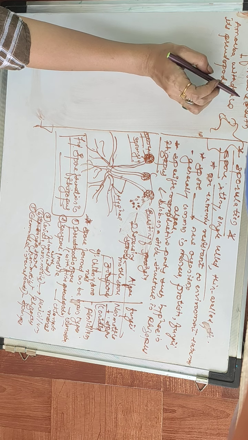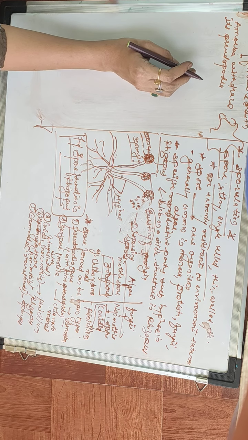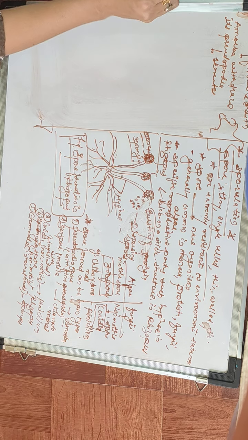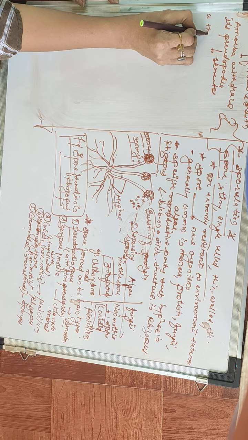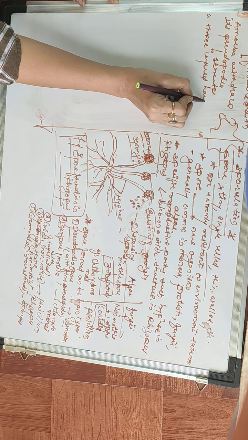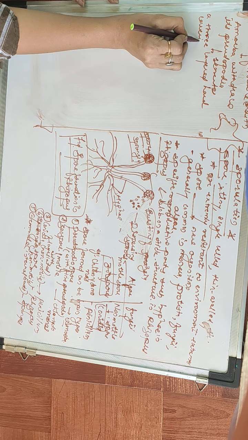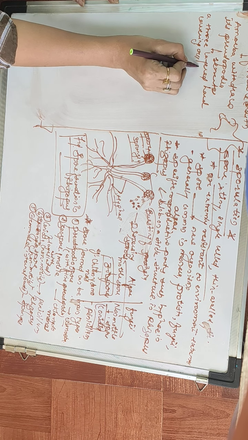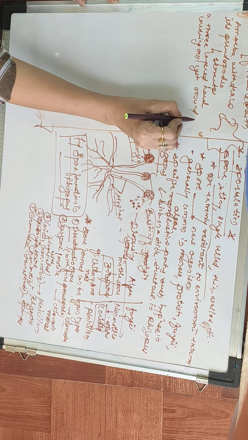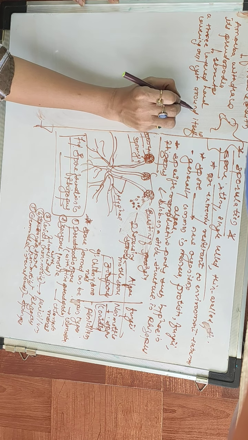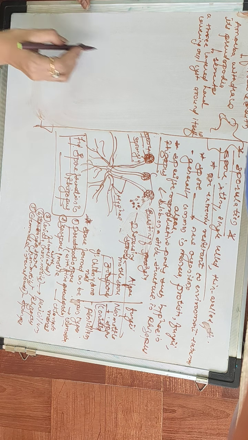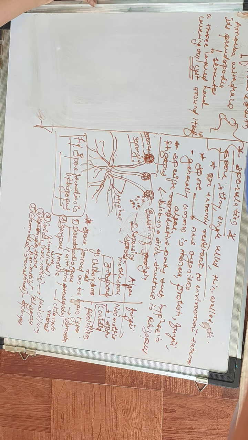So under the unfavorable condition, this amoeba withdraws its pseudopodia and secretes a 3-layered hard covering, known as a cyst, around itself.